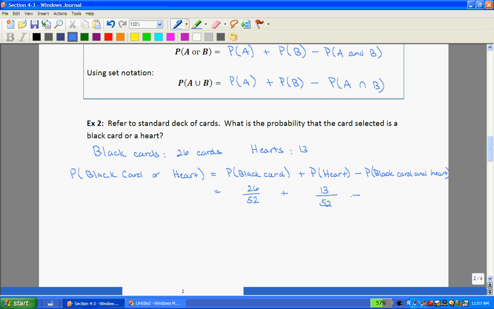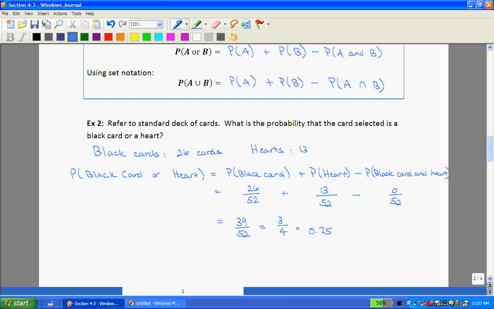And then here is where I'm looking for the two attributes that happen at the same time. Well, are there any black cards that are hearts? No, because hearts by definition are red. So we get a 0 out of 52 here. And when we add our fractions, we end up with 39 over 52, which reduces to 3/4 or 0.75.